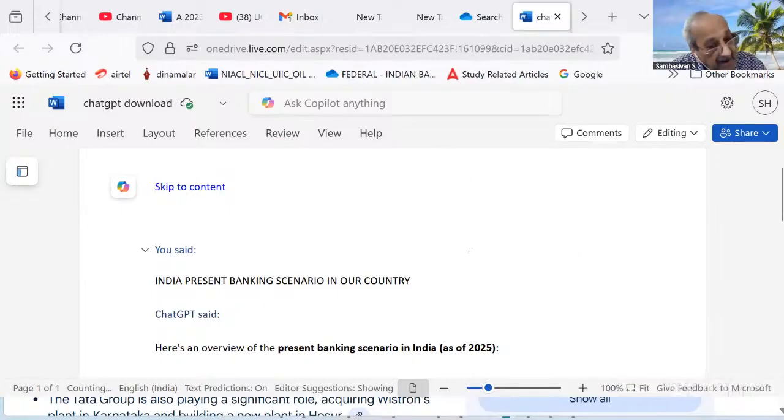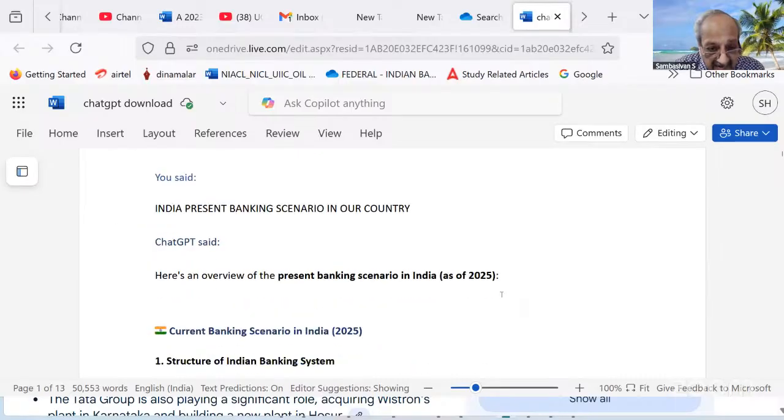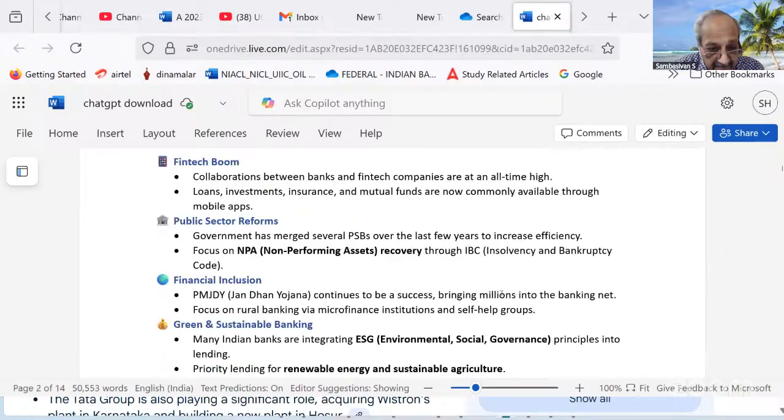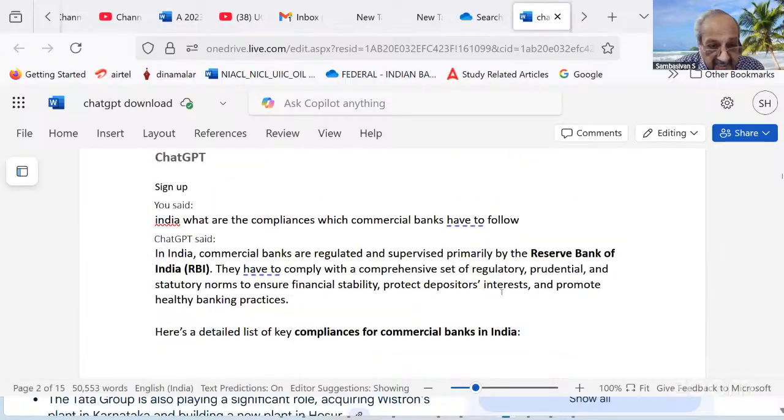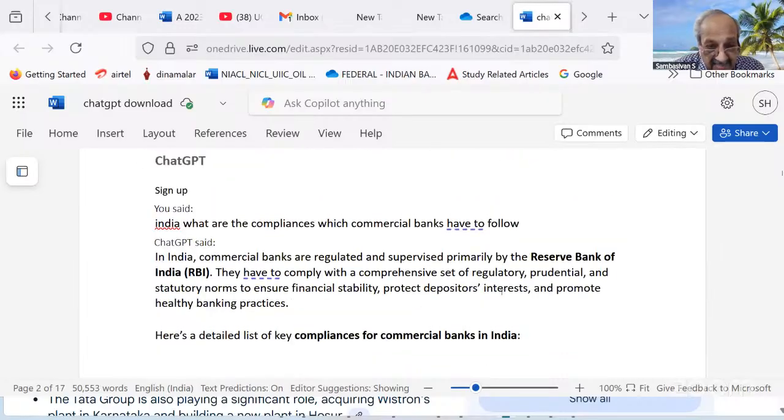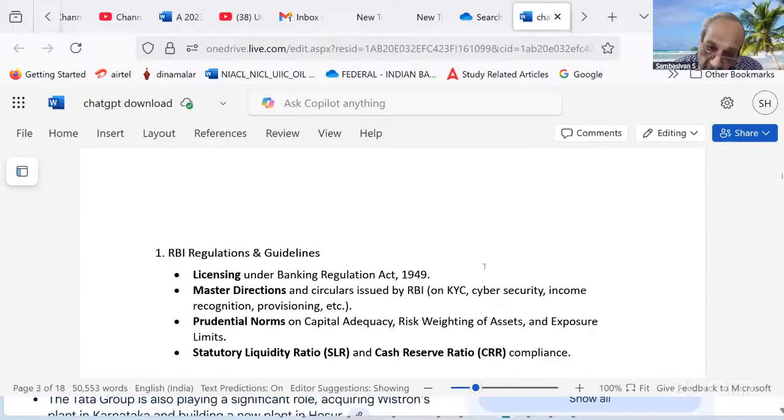This is some 100 pages of material I have collected over so many days. Actually, today I did not take out some data, otherwise so many topics are here. India's present banking scenario in our country. Then next question, what are the compliances which commercial banks have to follow?